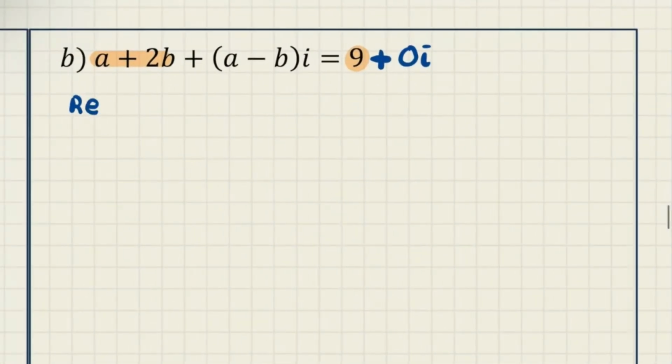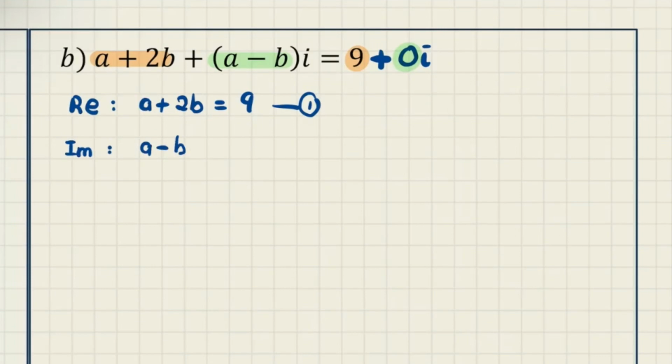So now our real part will be A plus 2B equals to 9. Okay, so this is the first equation. And the second equation comes from our imaginary part, A minus B. A minus B will be equal to what? 0. So A minus B is equal to 0.